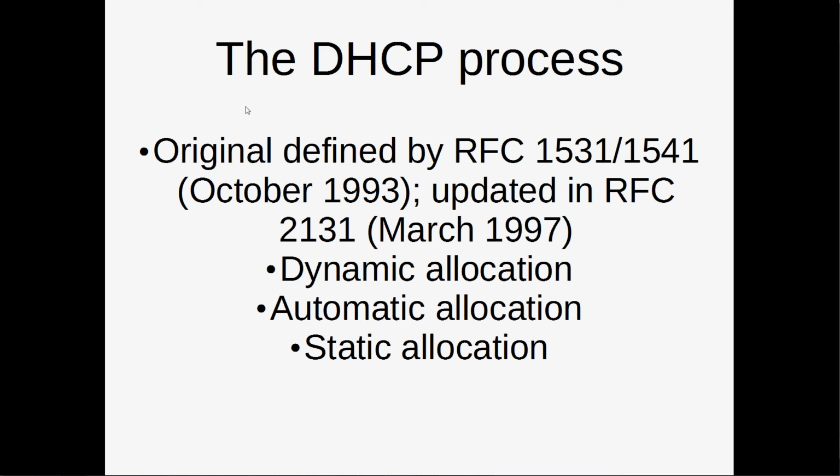And what happens when two or more machines are assigned the same IP address? Well, that behavior is undefined, so we don't know what will happen. One would think that the node that was first assigned the duplicate IP address would be able to access the network, and the other ones would not.